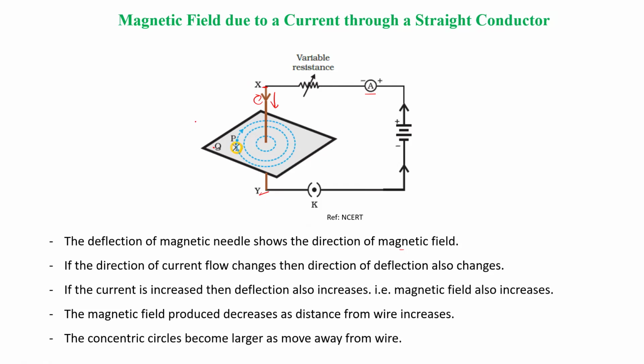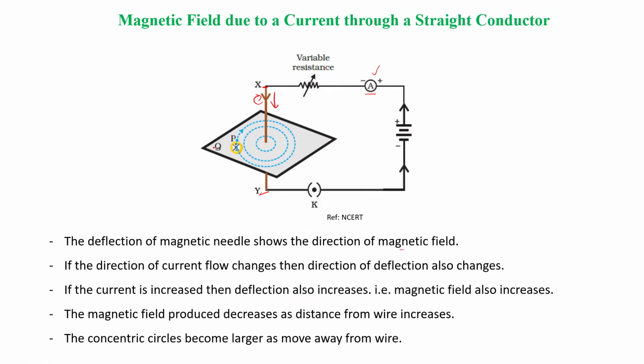Now, if you change the direction of the current flow, then the direction of the deflection is also going to change. And if the current is increased, then the deflection is also going to increase. We can observe this by the ammeter readings. By changing the resistance value, if you decrease the resistance, the current flow will be more, so you will observe that the deflection is also more.